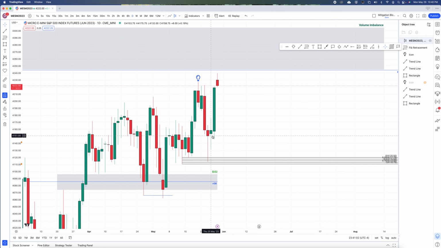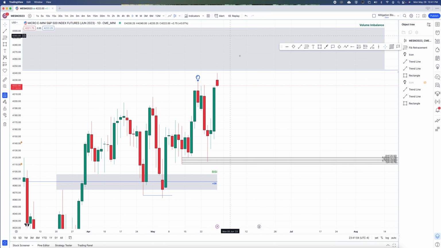Next up, my eyes are not paying attention to this shift, because I already know it's there. So I'm going to remove that from the chart, and I'm going to consider this fair value gap right here. We'll bring that all the way up Friday.